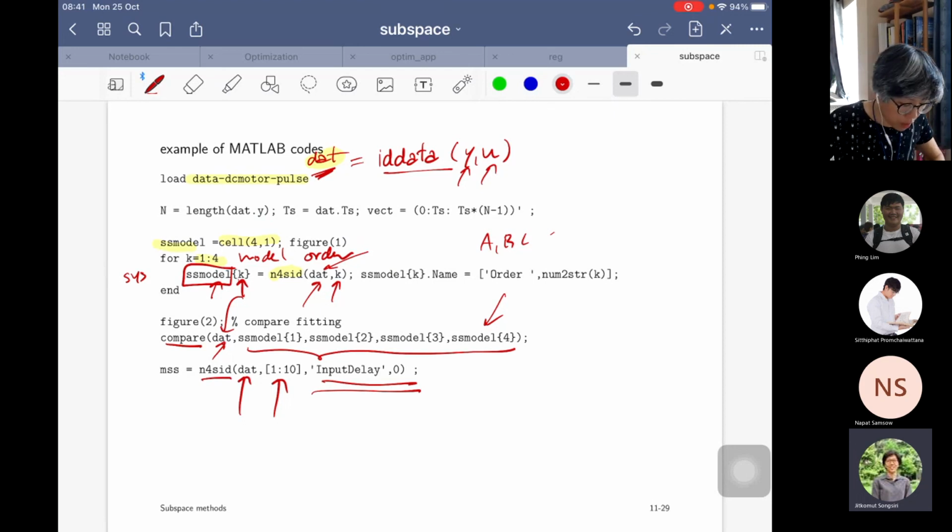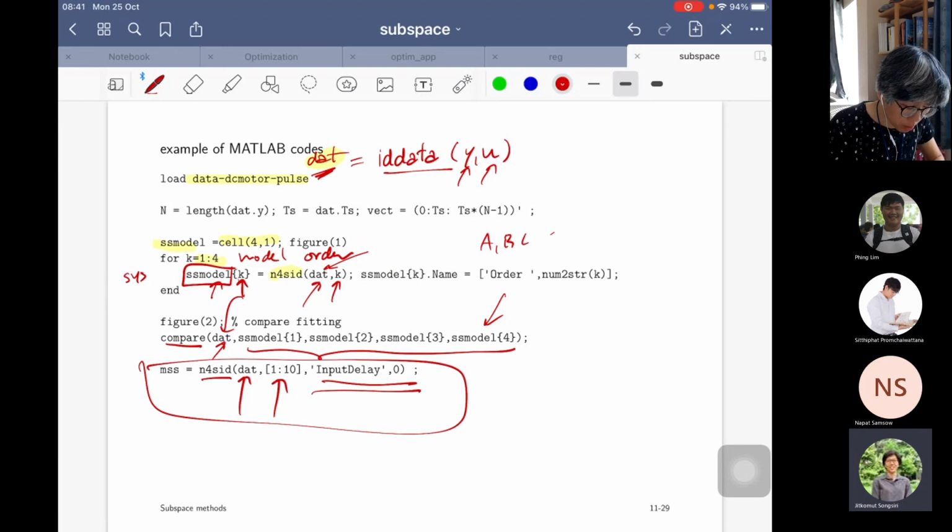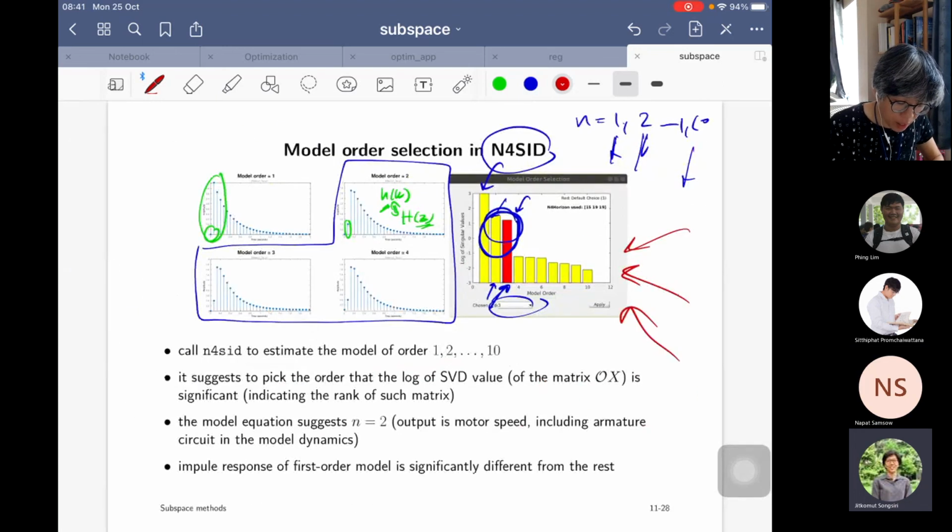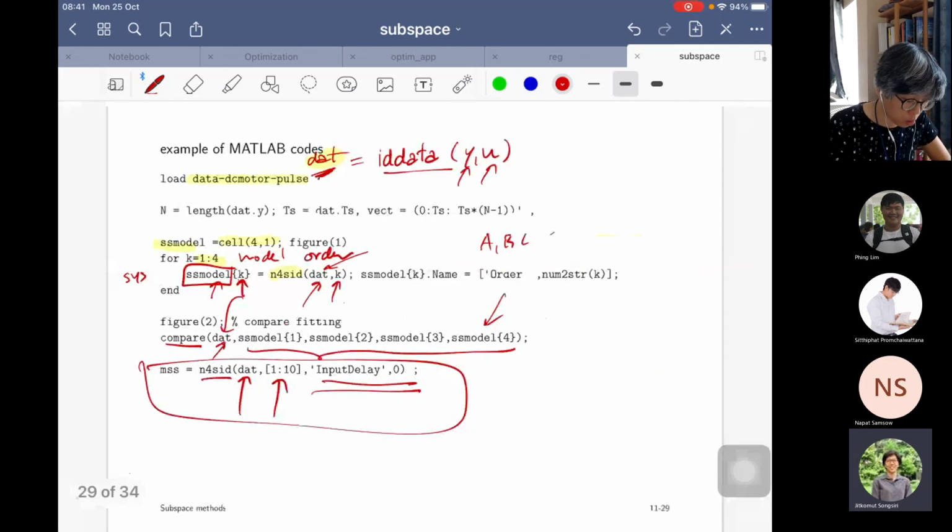From this command, the GUI pops up and waits for your input, which is the model order you want to pick. After you pick, it will estimate and store it in the MNS variable.